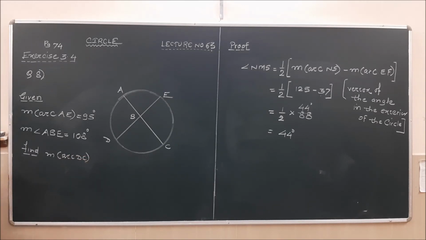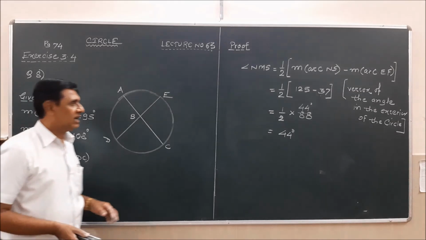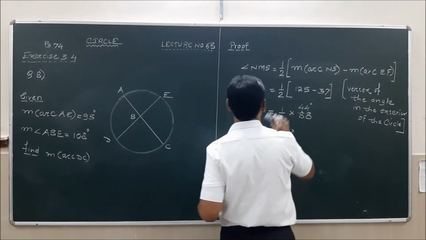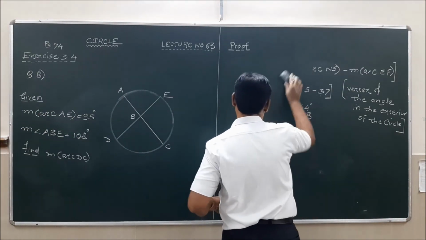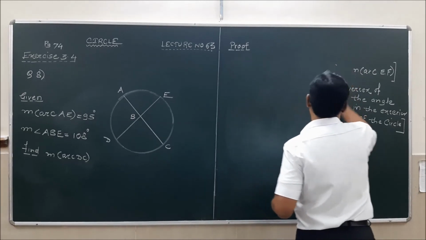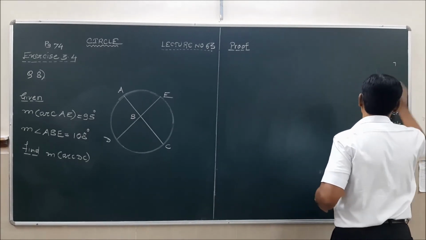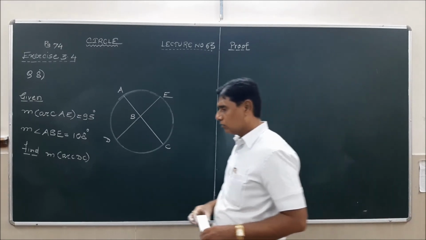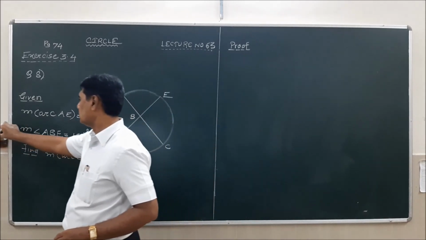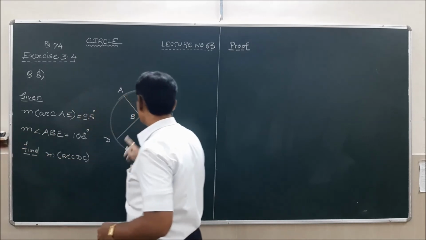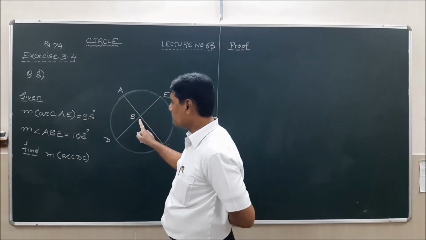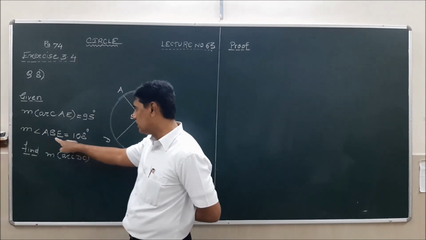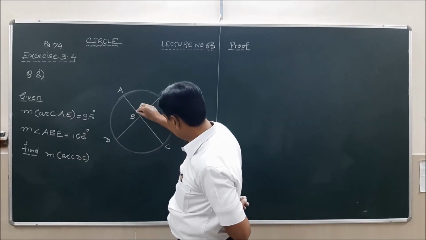Please excuse me for extending this lecture a little bit. The reason is that next time I have to begin the important big theorem. Now try to understand the position of the angle. What is given? Angle ABE.